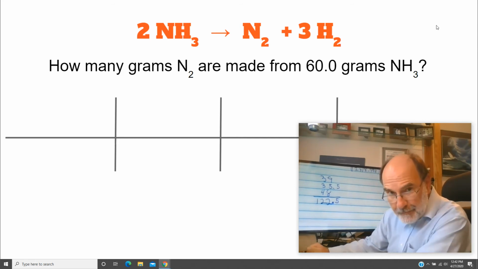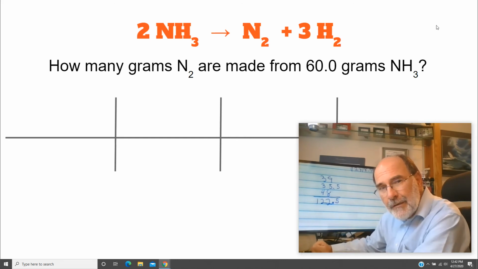The ratio from the balanced chemical equation says for every 2 moles of ammonia, I end up making only 1 mole of nitrogen gas. So if I'm starting off with just over 3 moles of ammonia, I'm only going to be making a little over 1.5 moles of nitrogen gas by that ratio, a 1 to 2 ratio. 1 mole of product for every 2 moles of reactant.